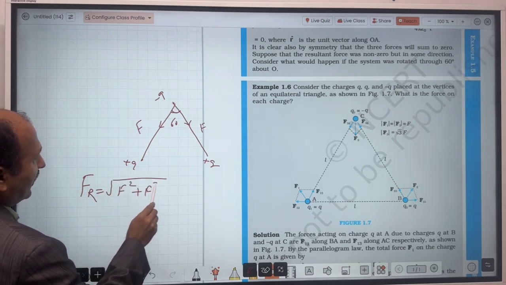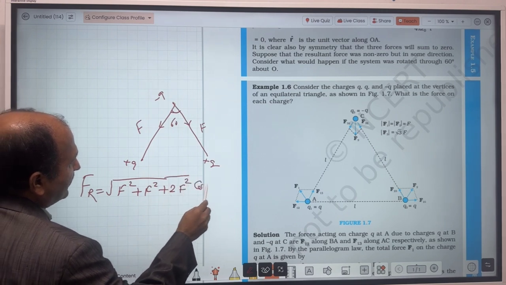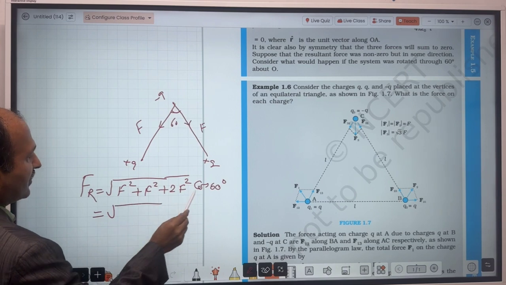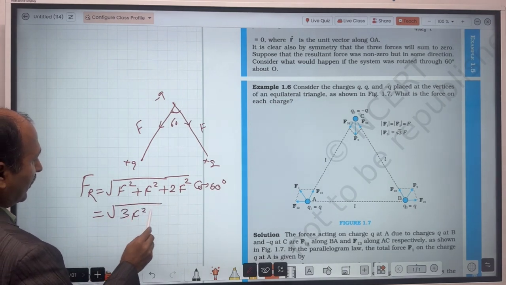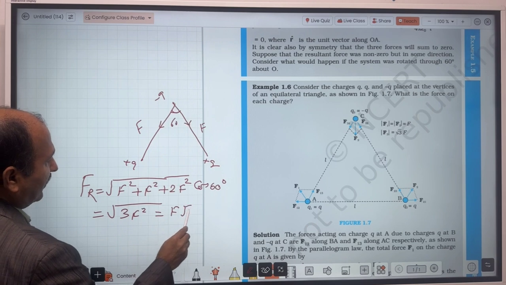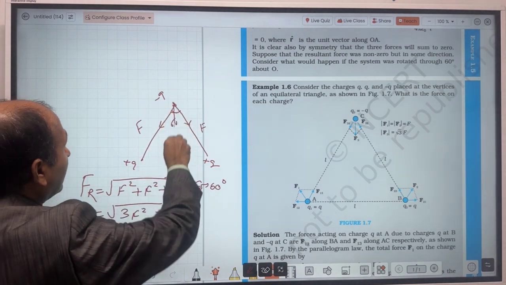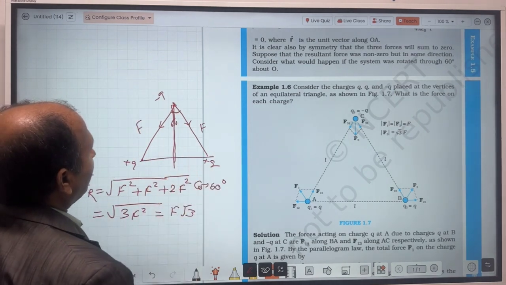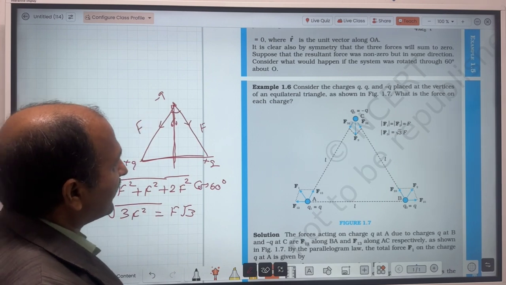F square plus F square plus 2F square into cos 60 degrees. And if you remember, cos 60 is 1 by 2. So we will get 3F square, which gives F root 3. And its direction will be in between the two, means at 30 degrees, so that will be the perpendicular bisector of the baseline like this.